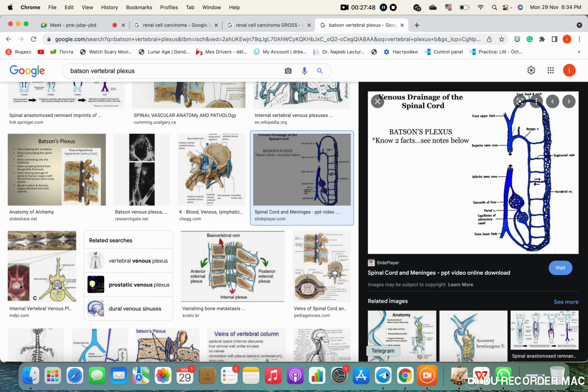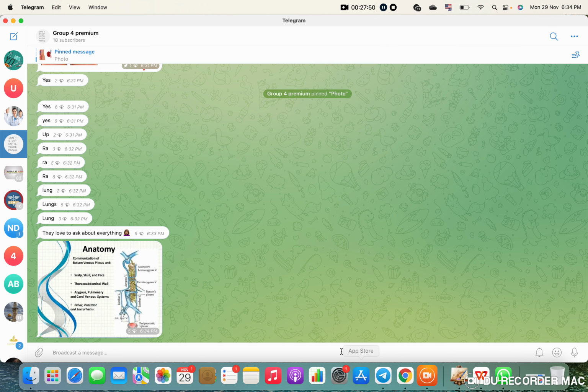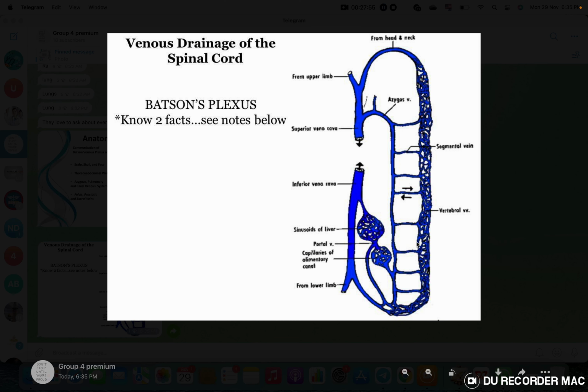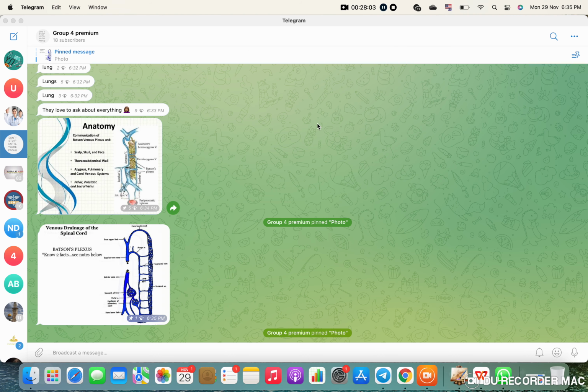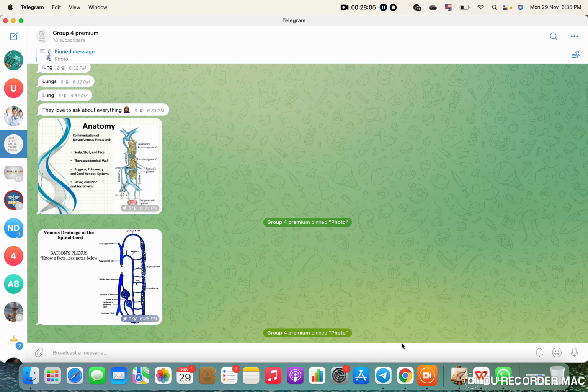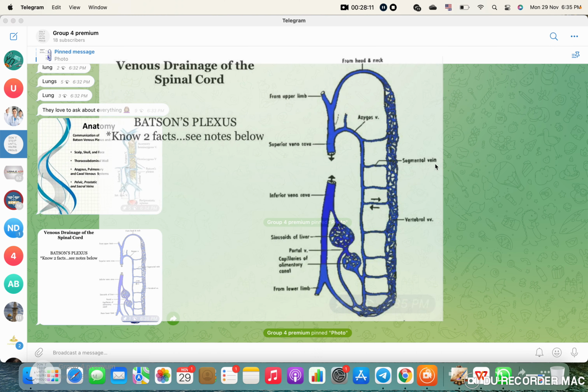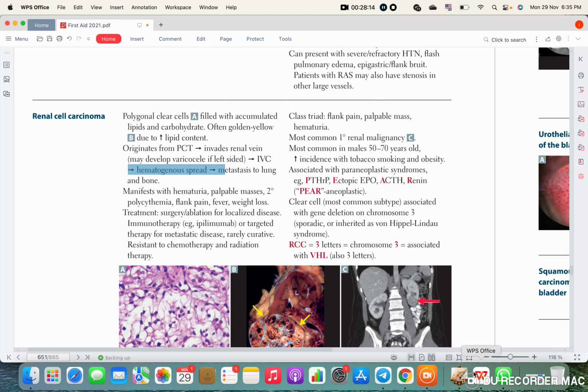Basically, it's a system that connects your inferior and superior vena cava, but indirectly. It's kind of like a collateral type of thing, through your vertebra. So if it's going through the vertebra, you can imagine logically that it can metastasize to the vertebra. Okay, let's go back to our topic.